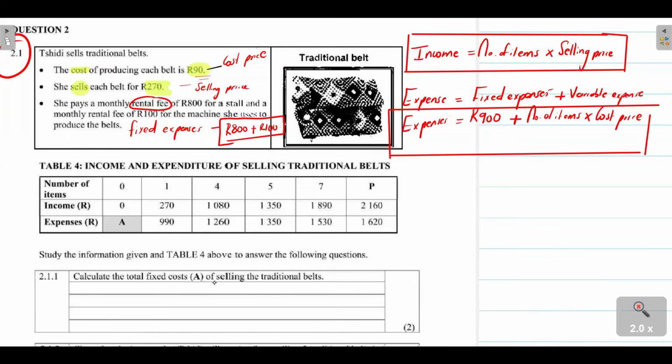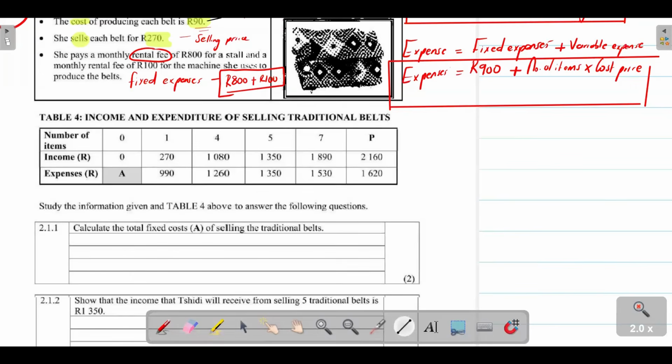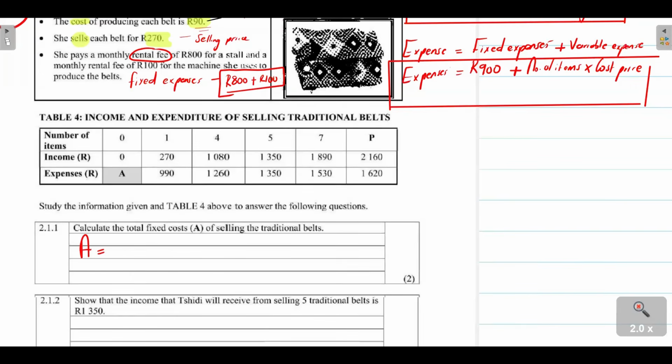Now, study the information given in table 4 above to answer the following questions. First, calculate the total fixed costs of selling the traditional belt. How can we calculate the total fixed costs, Tepo? What are the fixed costs made up of based on the information that is given to us here?